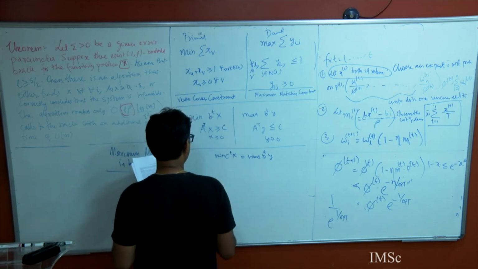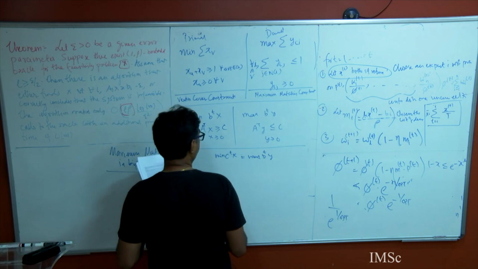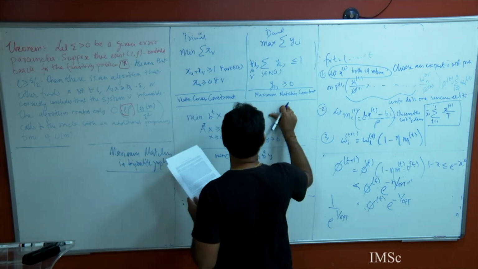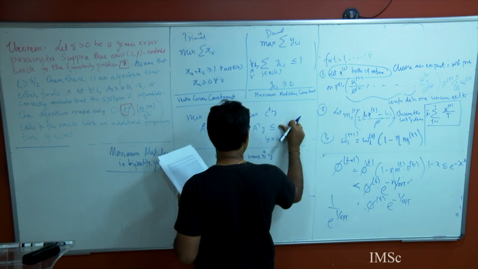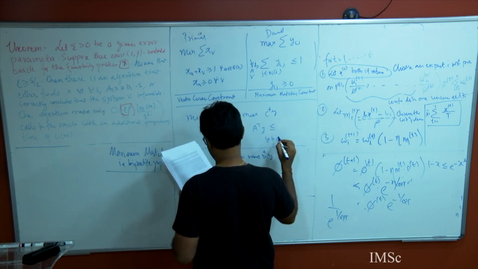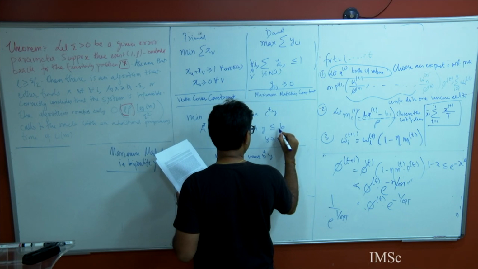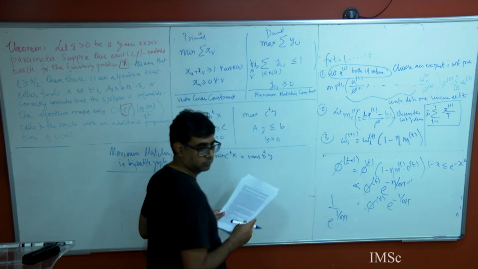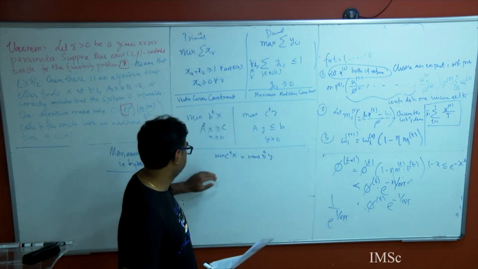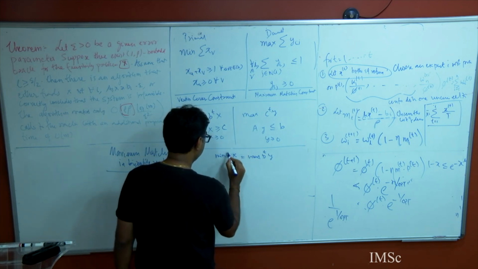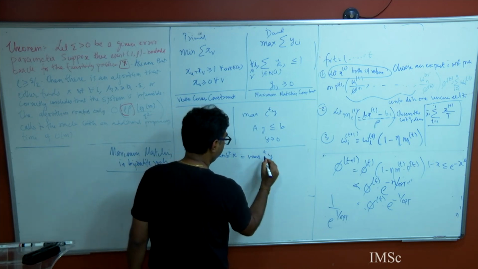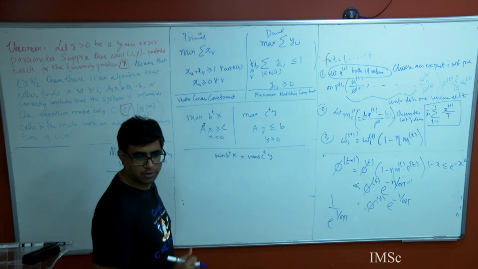The primal is: minimize B transpose x, with Ax greater than or equal to C, and x greater than or equal to 0. So the dual LP is: maximize C transpose y, with A transpose y less than or equal to B, y greater than or equal to 0. And what we know is that the minimum of B transpose x is equal to the max of C transpose y because of LP duality.